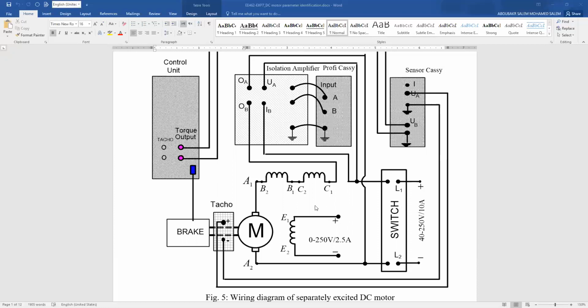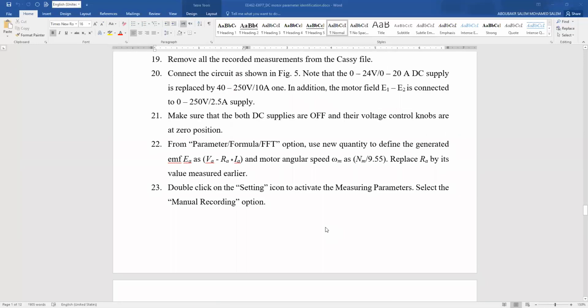And the extra here, we are going to connect the field winding coil E1, E2 to a supply of 0 to 250 volt. So take care, the field current of the machine is rated at 0.24 amps. So we have to check the value as the procedure will discuss with us here.